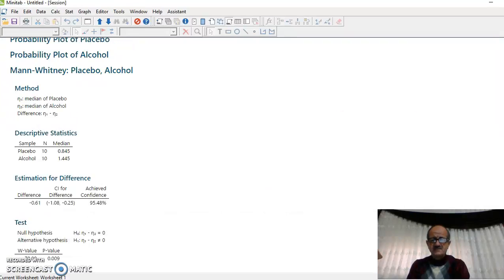The test is for the rank, which means for the median. The null hypothesis is that the two medians are equal, and the alternative hypothesis is that the two medians are not equal. The test shows that the p-value was 0.009, which means highly significant, which means that there is a significant difference between the two groups in this example. Thank you.